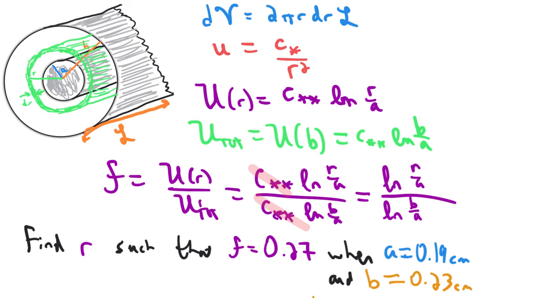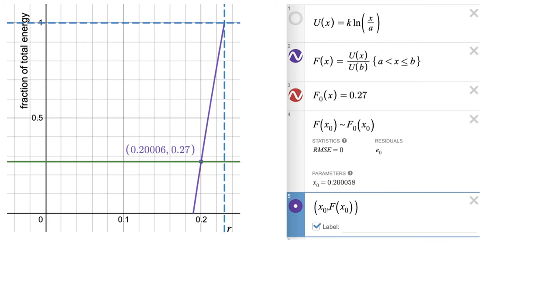There are two approaches. I'm going to do the quick and dirty one, and then I'll probably do the longer, more analytic one. But the quick and dirty one, of course, is to just graph it. In other words, graph this function, and then graph that value and see where they intersect. So here it is in Desmos.